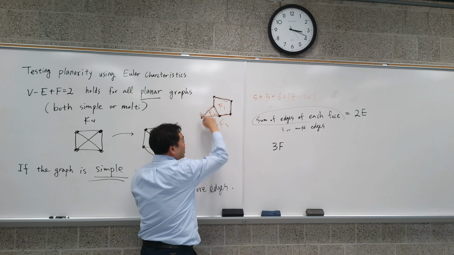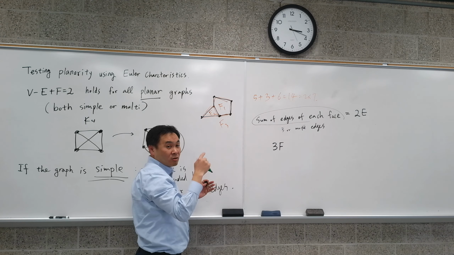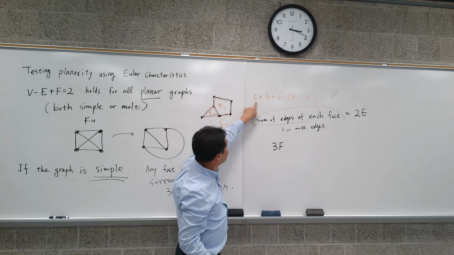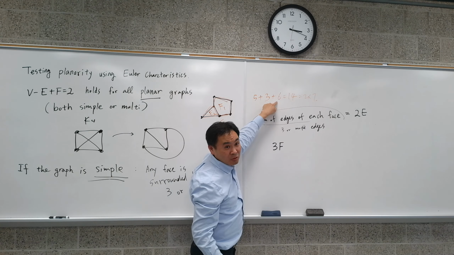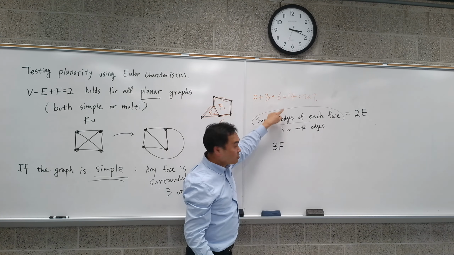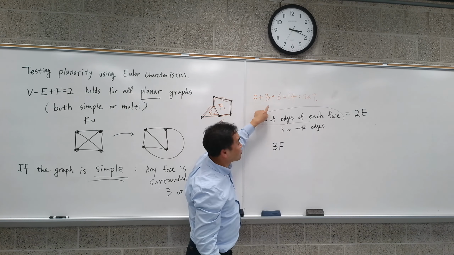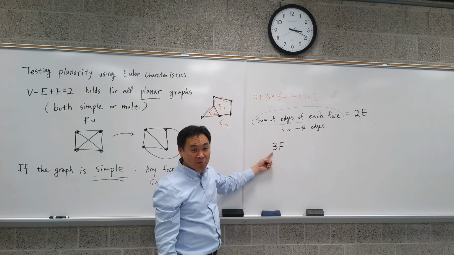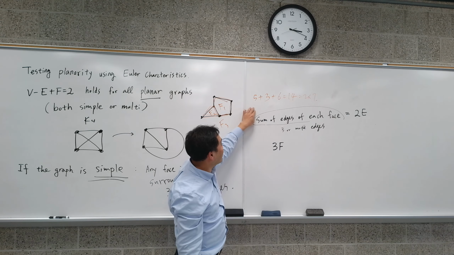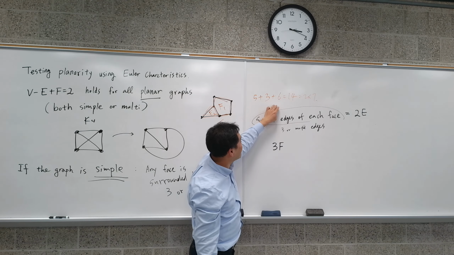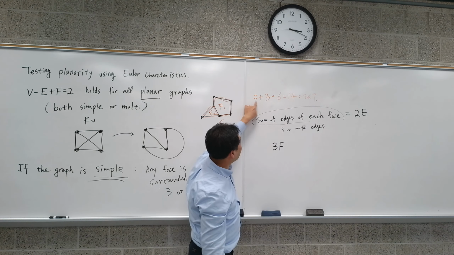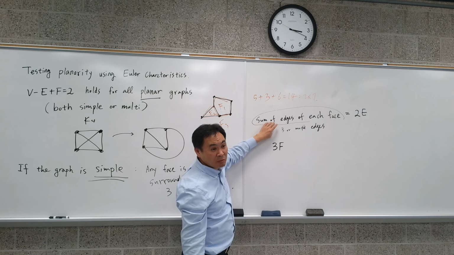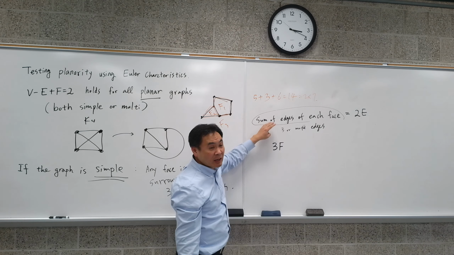What is 3f for this picture? 9. 3 times 3, which is 9, right? What's the actual value of this? We did 5 plus 3 plus 6, right? So this is like 3 plus 3 plus 3 because you're only taking 3. That's the guaranteed minimum, right? So you're just counting the guaranteed minimum, and since the actual numbers are 3 or greater, this value will always be bigger or equal. It could be equal, like this case.